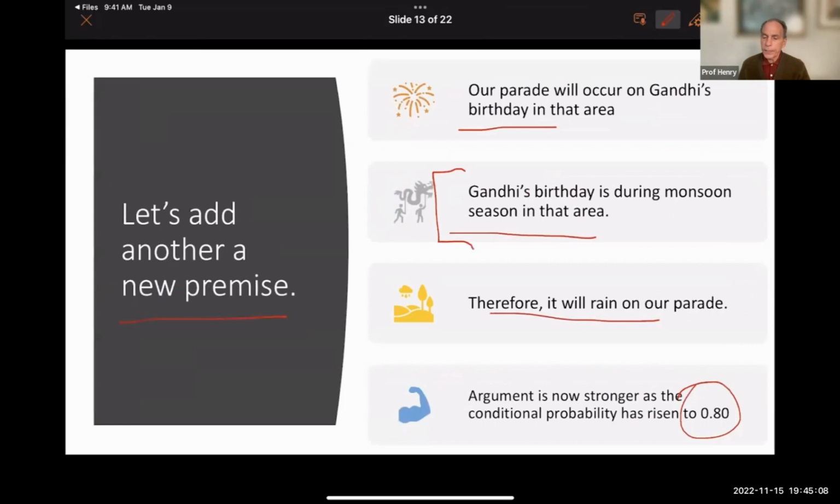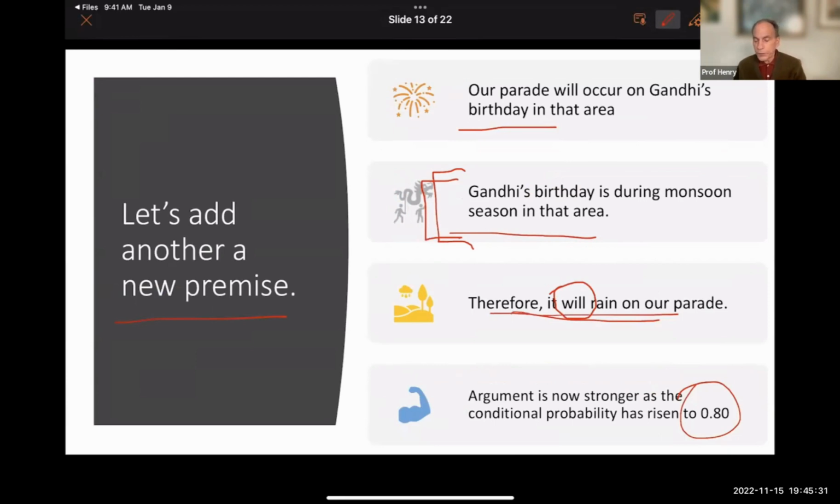However, if you say that Gandhi's birthday is in the monsoon, well, I do agree with you. This is an issue about language. I mean, it will most likely rain.